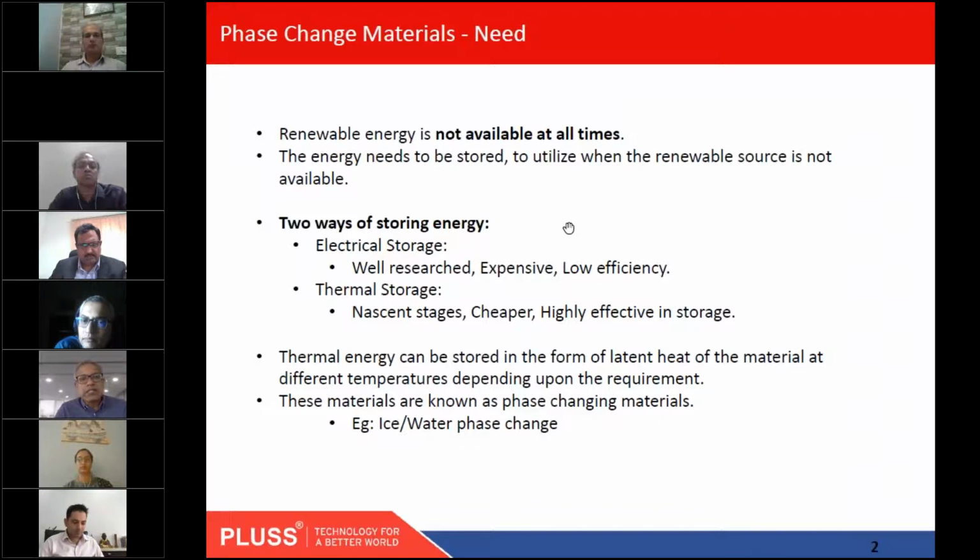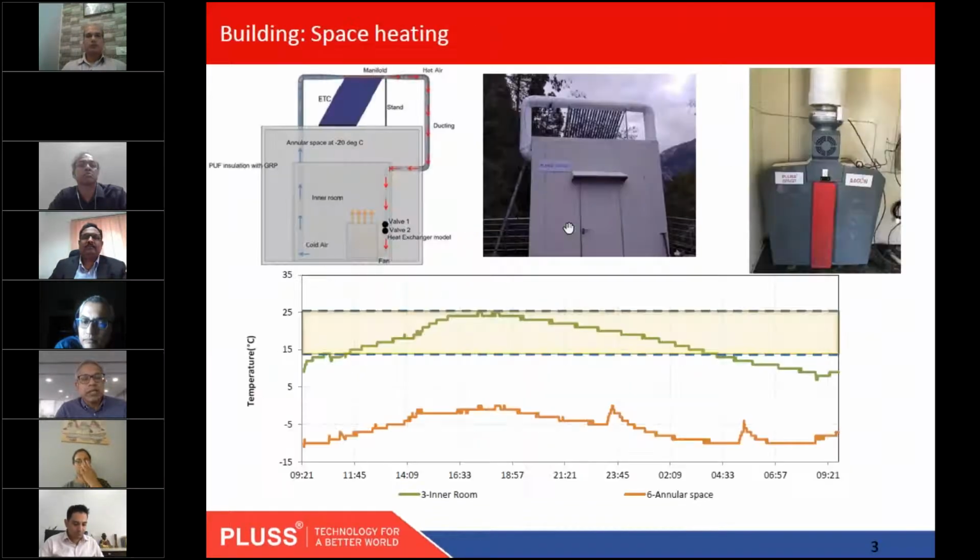In the next few slides, I'm going to talk about different applications with respect to buildings, and how these materials have been used. This slide is a project that was done at IIT Mandi, and now we are trying to do it in cold areas like Ladakh. It's an extension of a solar water heater in a very simple way. Evacuated tube collectors, which you can see in the image on the left, are being used to heat the phase change material and not the water, as is typically done.